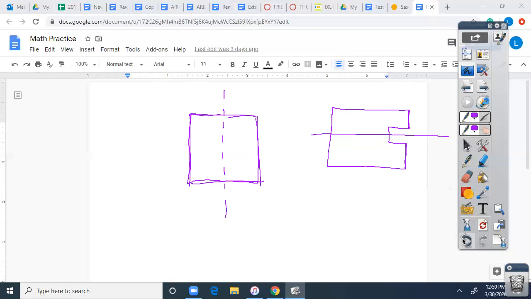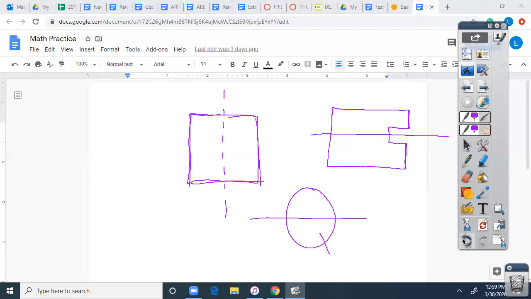So just think, wherever the line is, I'm going to fold it in half. If it matches up on the other side, it's symmetrical. If it doesn't match up on the other side, then it's not symmetrical. I will give you an example of something that is very much not symmetrical, like a Q. That is not symmetrical, right?